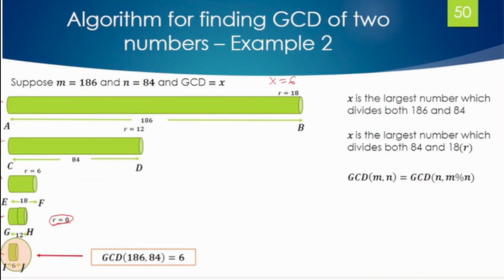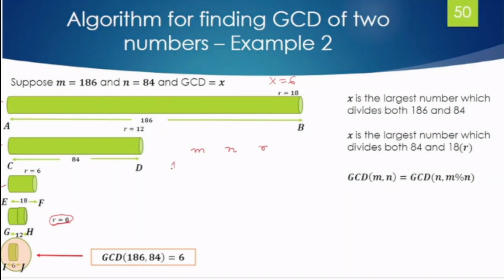Now there are a few things you need to notice. Here, how many iterations are we doing? This is the first iteration, this is the second iteration, this is the third iteration, and this is the fourth iteration. And here we have 3 quantities.